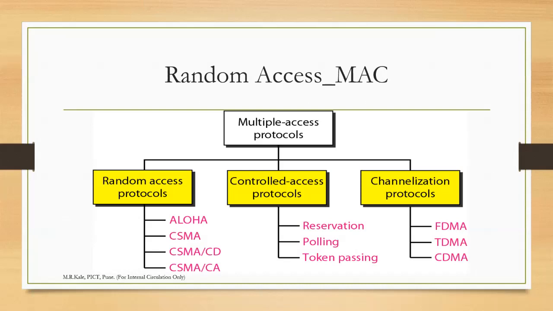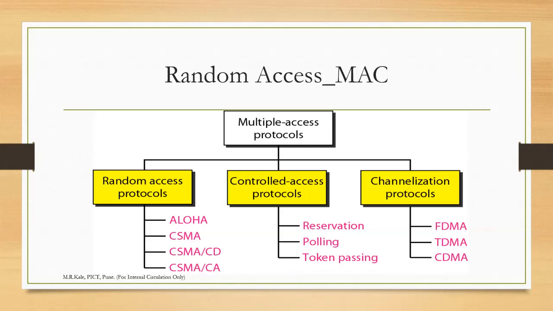In the case of channelization methods, there are dedicated channels. The channels might be in the form of various codes uniquely generated for the users, or time slots, or frequency bands. In the case of controlled access protocols, some system or some station has the control to decide who should gain access to the channel.